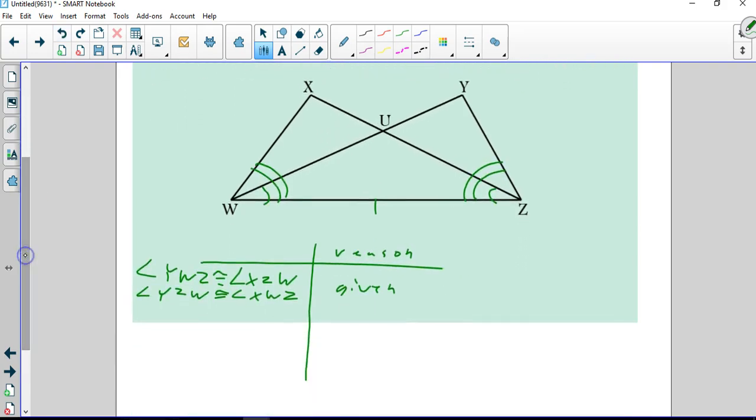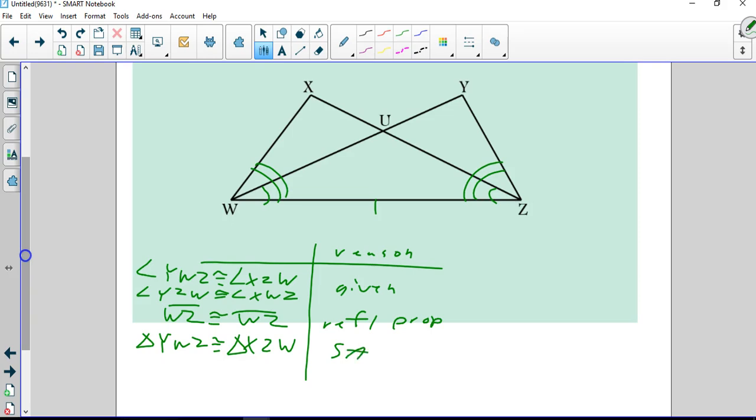Then we just say that WZ is congruent to itself by the reflexive property. And now we have enough information to say triangle YWZ is congruent to triangle XZW by SAS.